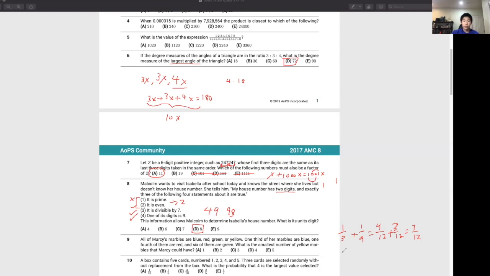Now, if there were 12 total marbles, meaning that there were 5 green and yellow marbles, that's not enough for there to be 6 green marbles. So we have to go one step higher, up to 24 marbles. That means there are 10 green and yellow marbles. If 6 of them are green, then 4 of them will be yellow.